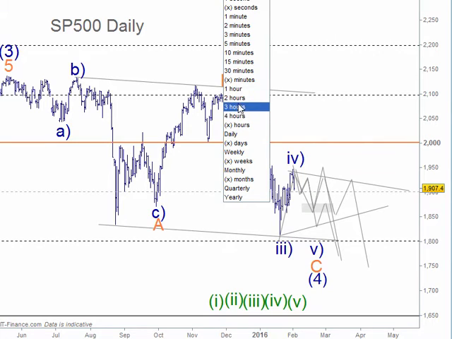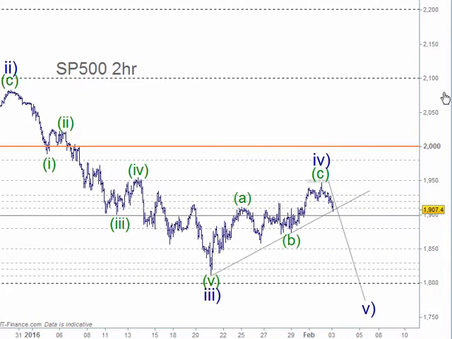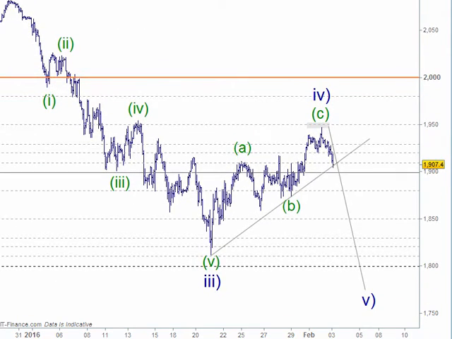So on the 2-hour chart, drilling in here a little bit, this is how we've got it pegged. And this would mean that we're going to get a consolidation and a bit of support around the 1900 here as the first leg down through here, then back up here as wave 2, and then wave 3 should get us down here somewhere, wave 4 and wave 5 coming down through here.